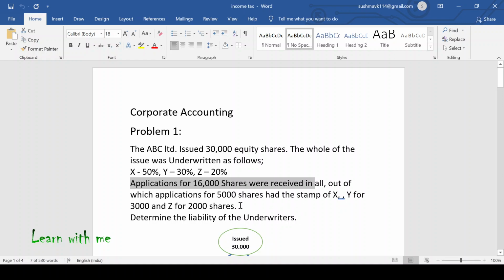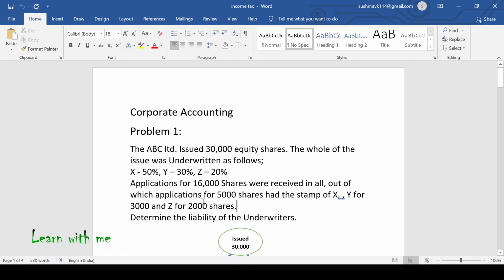In the second part, they are telling that out of 16,000, 5,000 shares bear the stamp of X. That means X tried to convince people to subscribe for 5,000 shares, and Y also convinced people for subscribing 3,000 shares, and Z tried to convince people to subscribe for 2,000 shares.